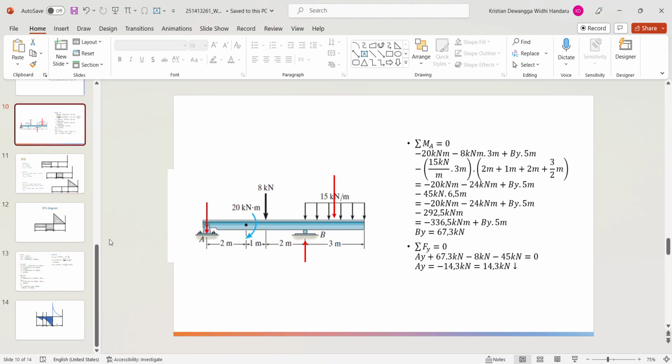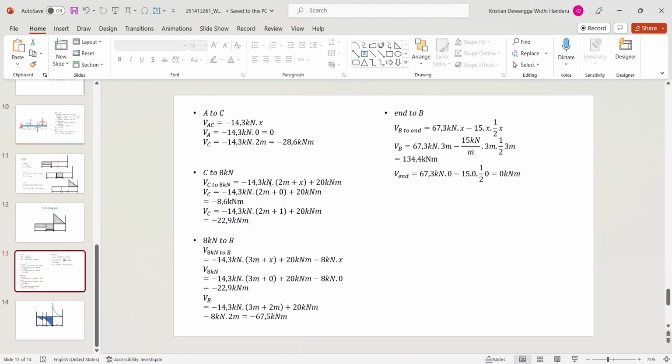This is the C, and we input X to 0, and the answer is minus 8.6 kilonewton meter. It must be 8 kilonewton, and then we just input X becomes 1, so the answer is minus 22.9 kilonewton meter.